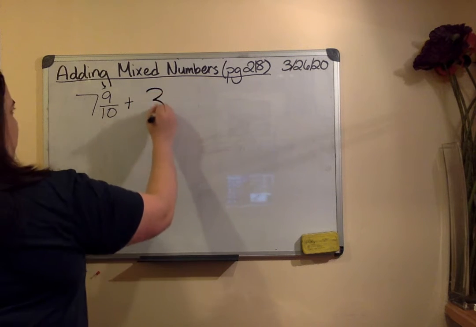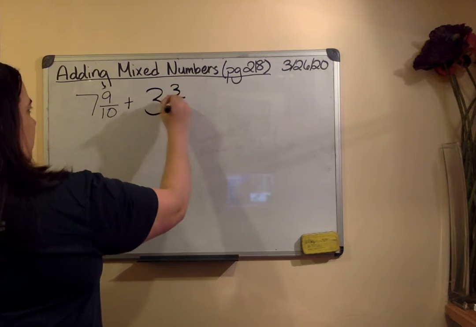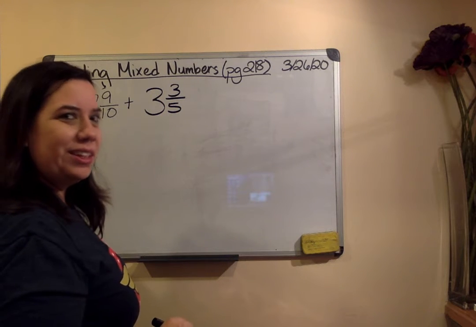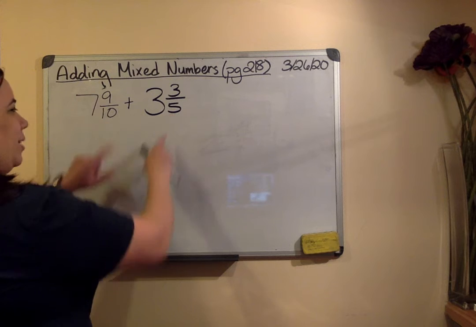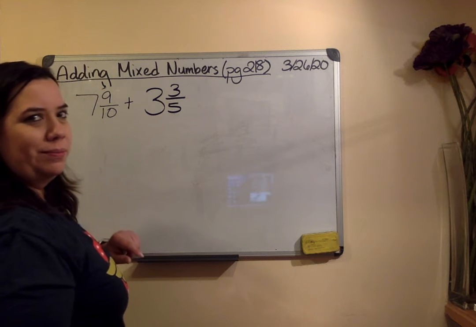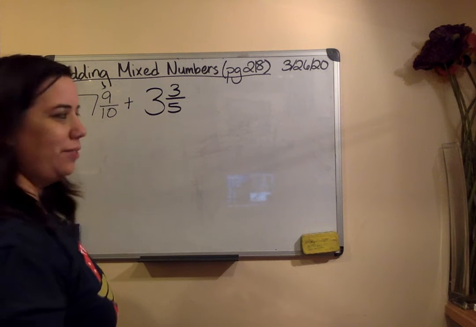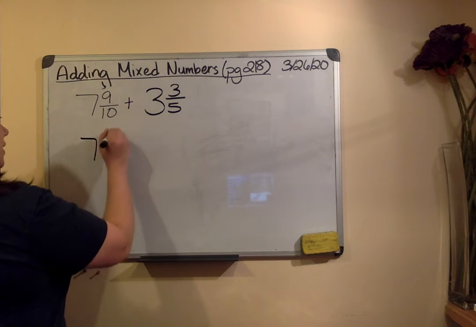Oh, they made this easy for you. They kept this really simple. You should know this. What's the lowest common denominator between the two? Yeah, it's 10. So let's go ahead and do this thing. So we have 7 9/10.